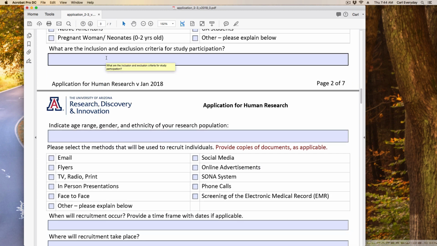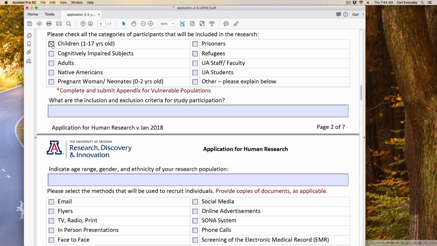So something like, if you say, yeah, children 1 through 17, what are the inclusion criteria and exclusion criteria? Individuals to be included in this study will be of middle school age. They will have a record of ADHD in their file, and they will be nominated by a teacher for participation.